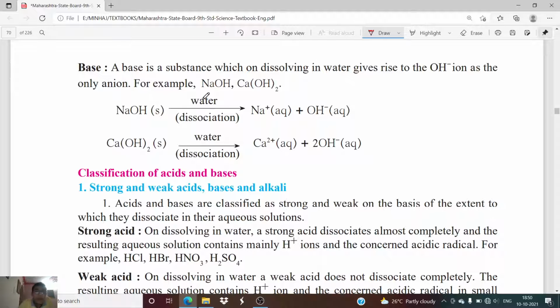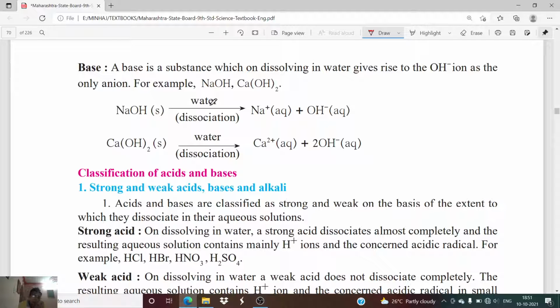Ca(OH)2. So again according to Arrhenius, if any compound is dissolved in water and the only acidic radical or anion generated by the dissociation is OH- ion, then the compound is nothing but a base. If you dissolve a compound in water, the dissociation will take place if the compound is ionic in nature.